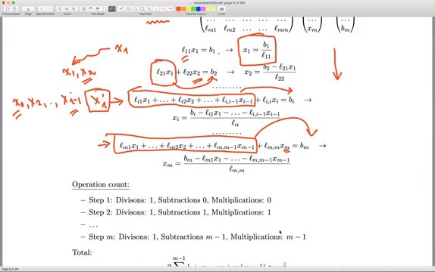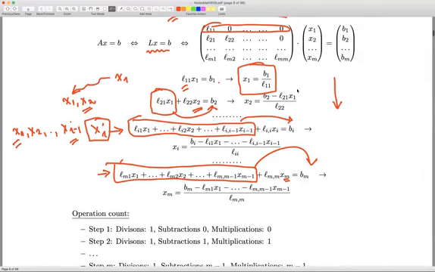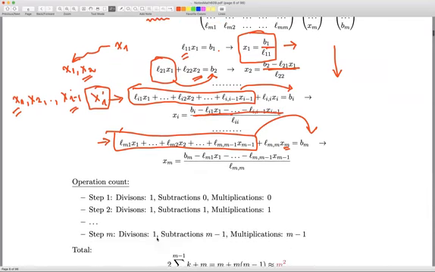At step one, when we solve the first equation, we have one division. At step 2, we also have one division. Step 3, one division. At step i, one division. Basically, at each step, we have one division. So the divisions total one per step.